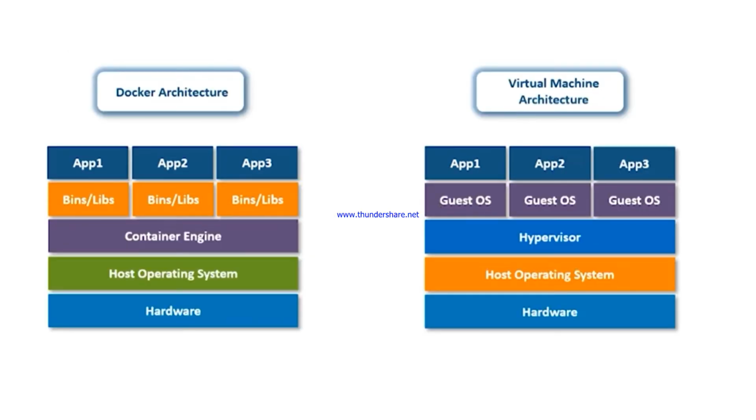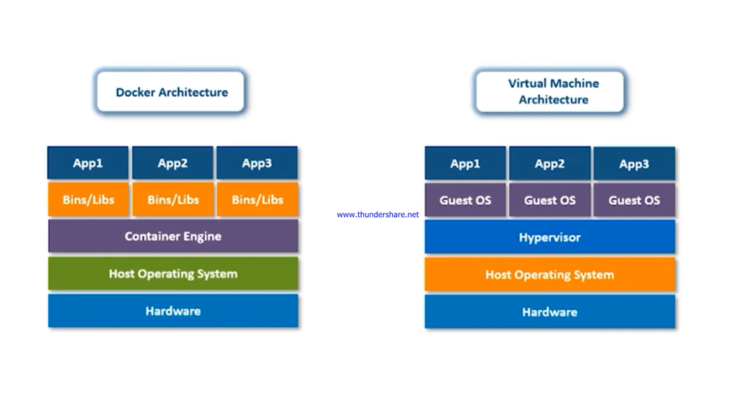Previously they used VMs, meaning virtual machines, and nowadays everyone is using Docker. The major difference between Docker and VMs is that Docker is lightweight and VMs are heavyweight. If you want to install any Docker packages, we use a single command and can install all the packages.